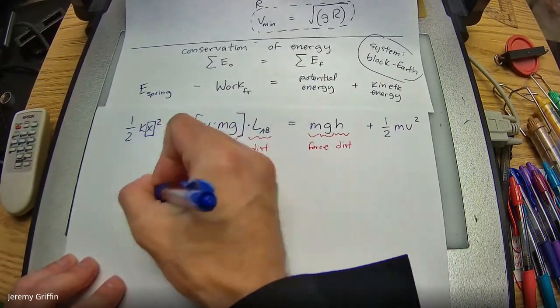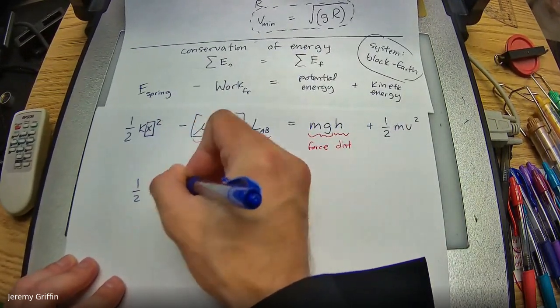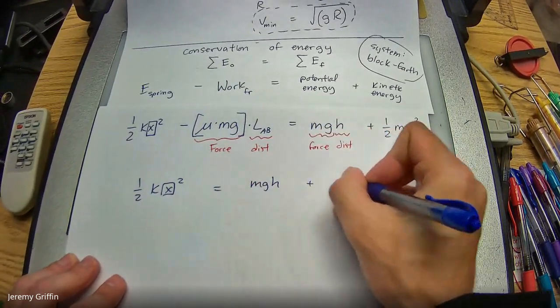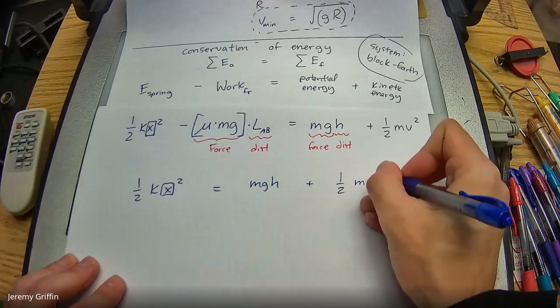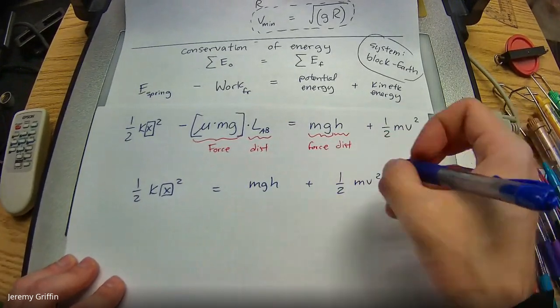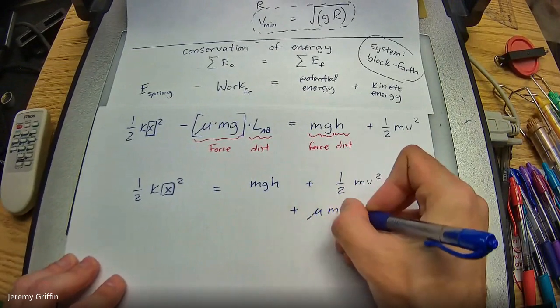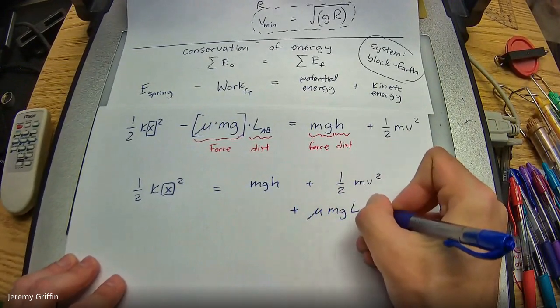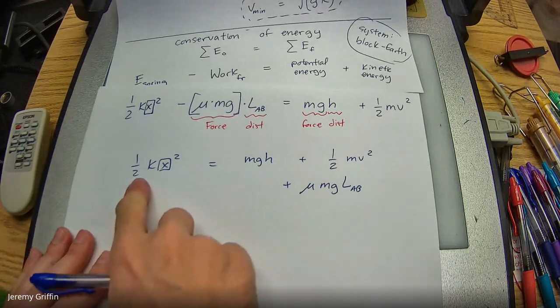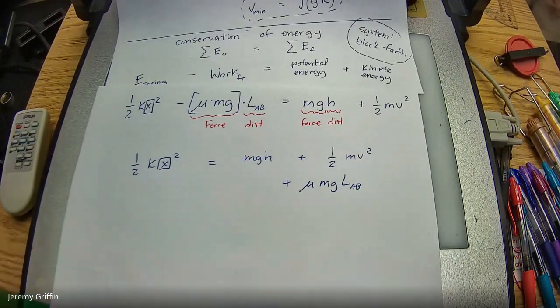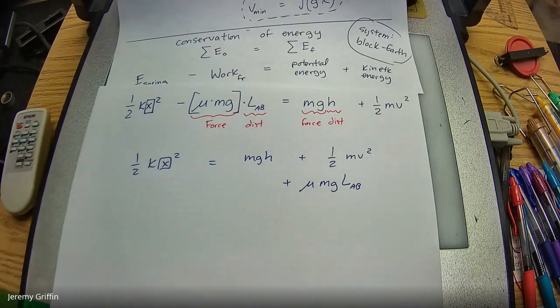So 1/2 k times the compression distance squared is equal to mgh plus 1/2 mv squared plus mu mgl. Multiply both sides by 2, divide by k, take the square root, and that would give you the compression distance. Your book gave you values for all those, so you can plug them in whenever you want.